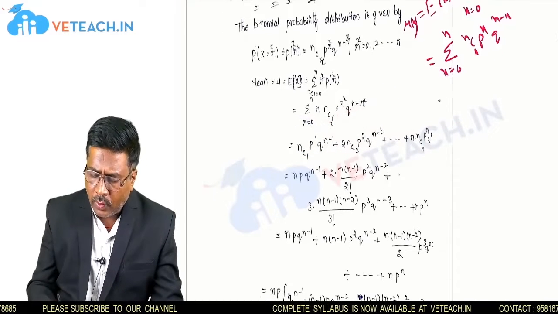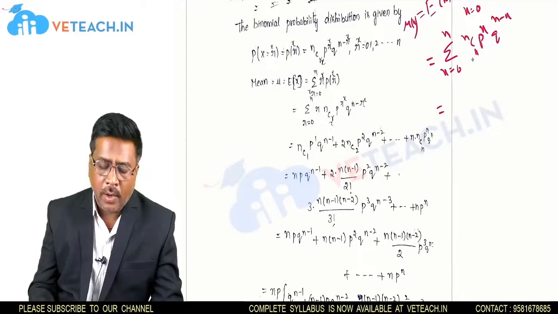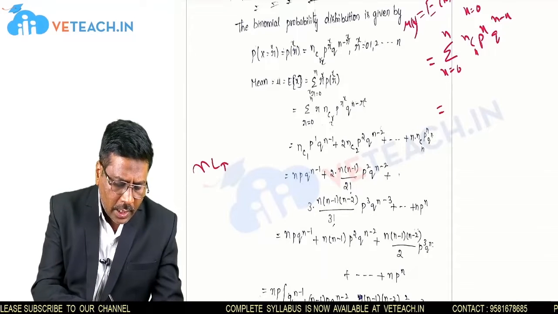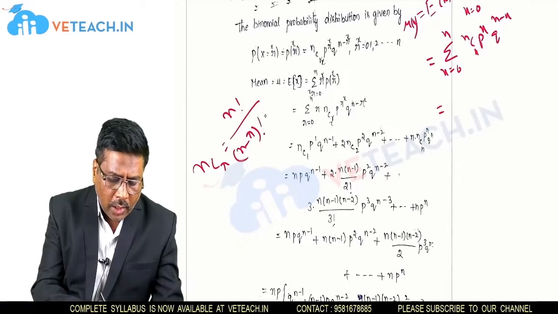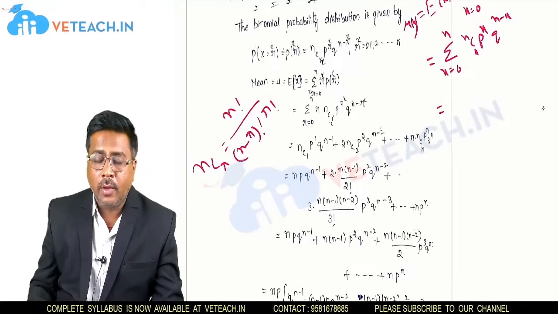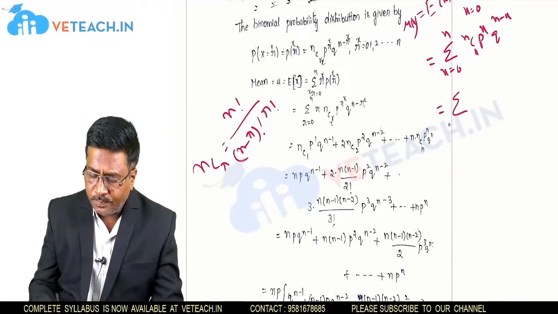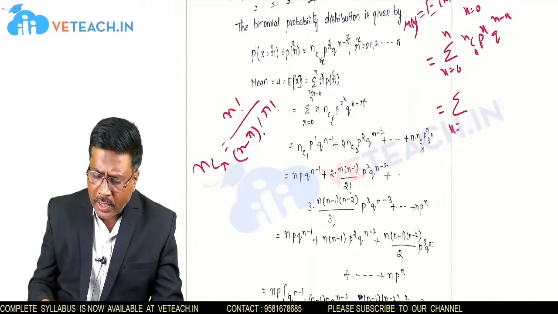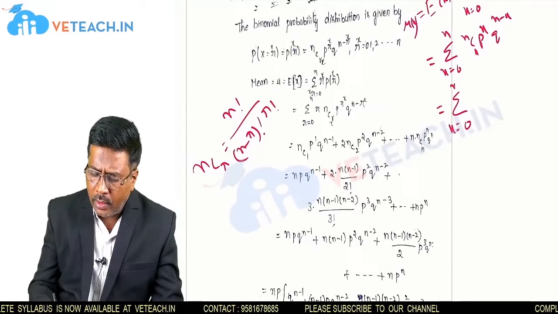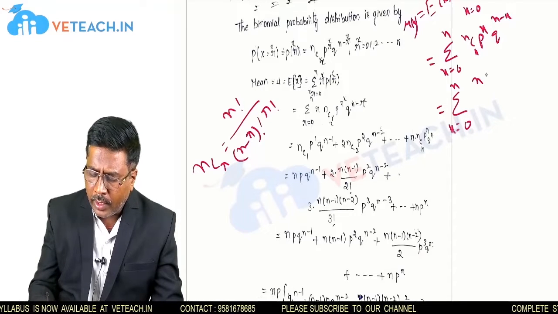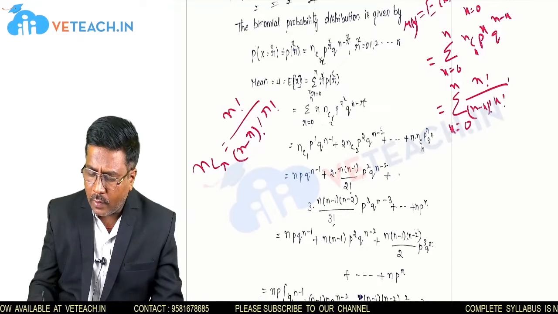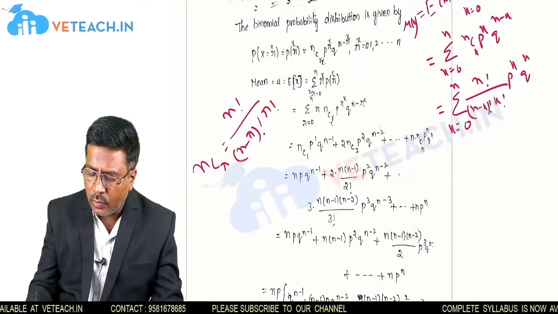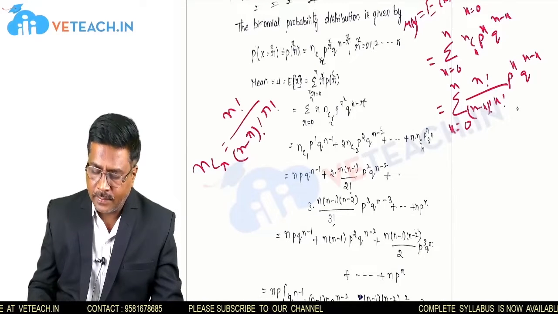Now I have to apply the formula for nCr. nCr is equal to n factorial by n minus r factorial into r factorial. Then this is equal to sigma x equal to 0 to n of x into n factorial by n minus x factorial into x factorial, into p to the power of x into q to the power of n minus x.